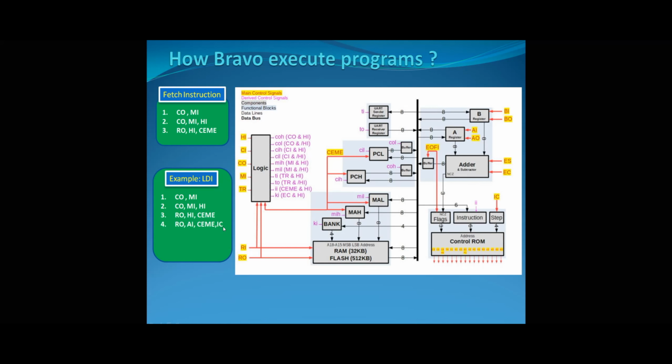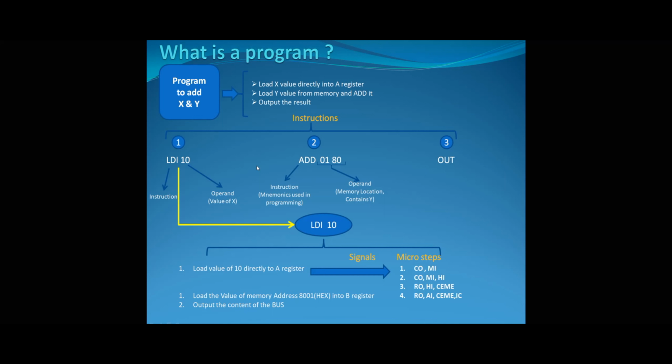For now, it's just an extra signal that prevents our micro step counter from proceeding to the next step, and it's going to save us some clock cycles. We're going to talk about that signal shortly, but for now, this is really all the steps involved for an LDI.